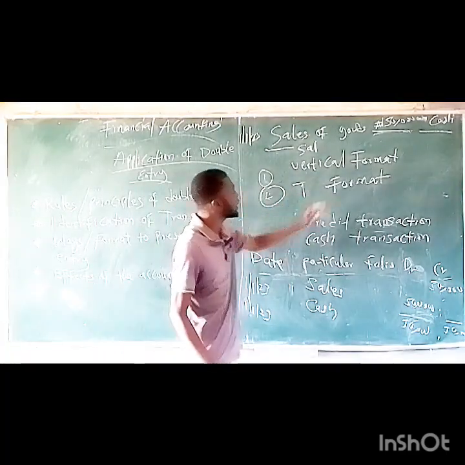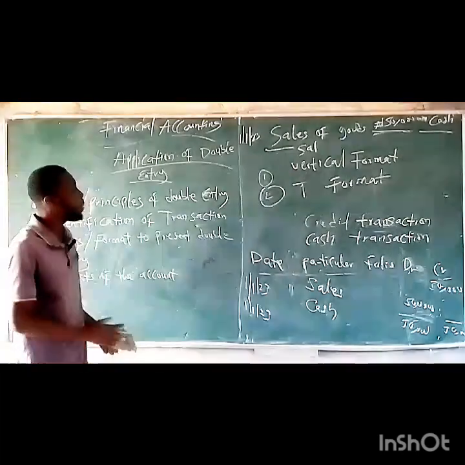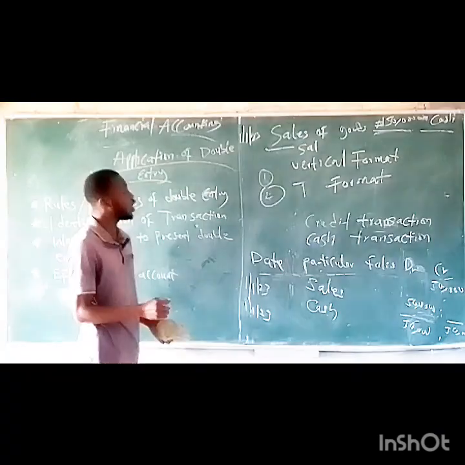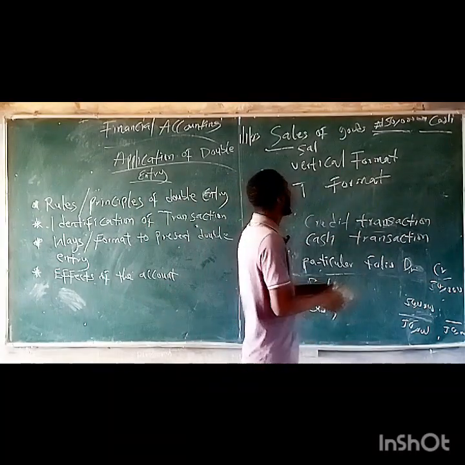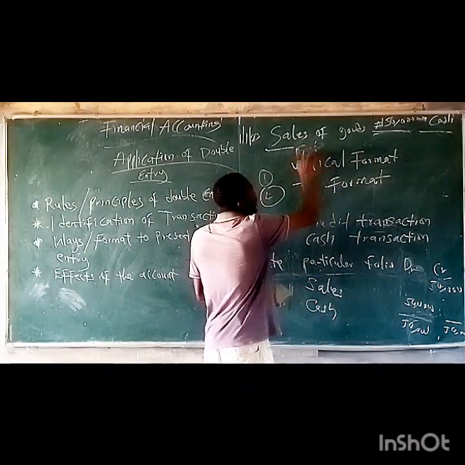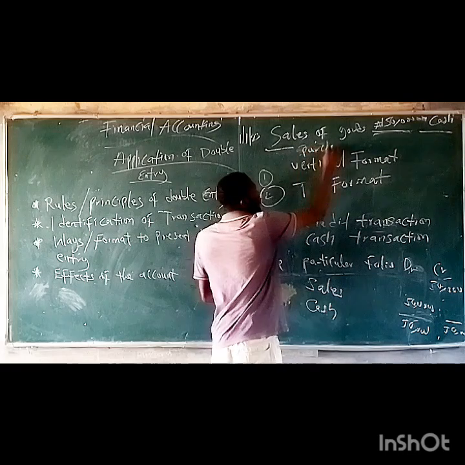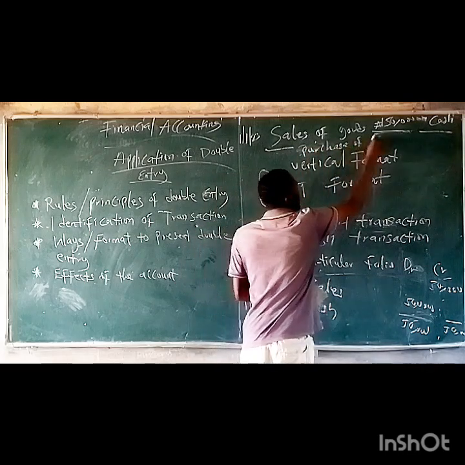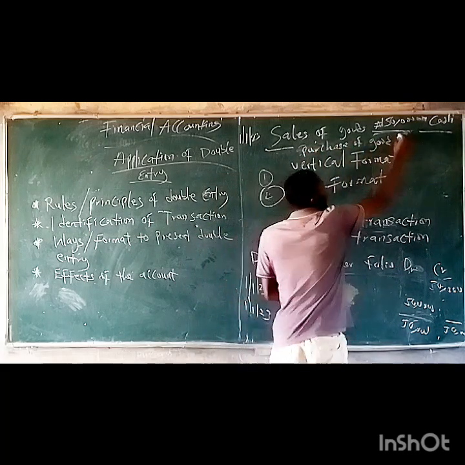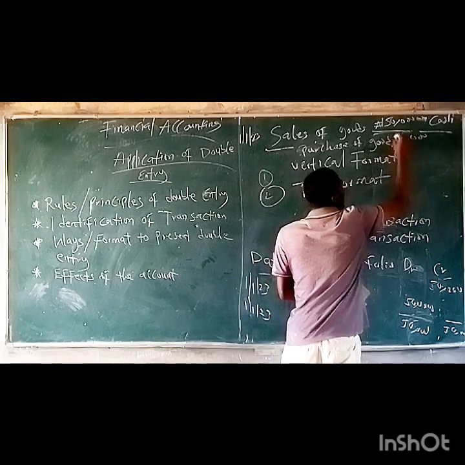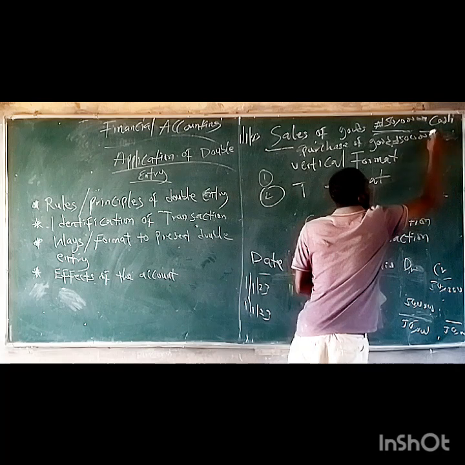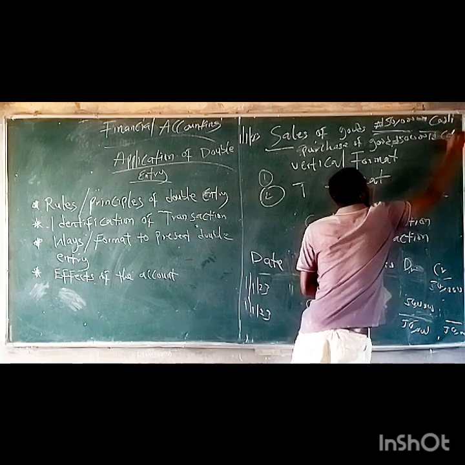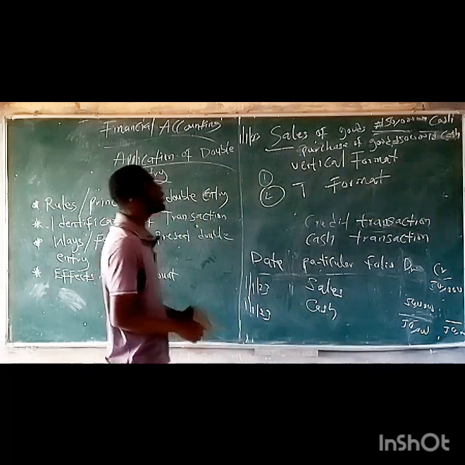Now, going to the T format, I would prefer you use the T format. Why? Because there are some cases where the same account will appear. Maybe, for instance, they now give something like purchase of goods, 50,000 naira in cash.